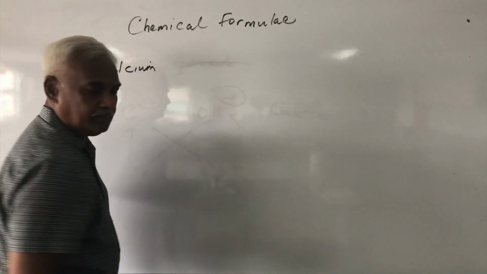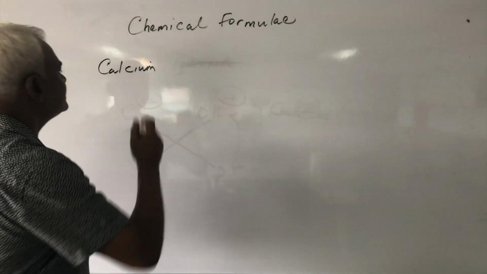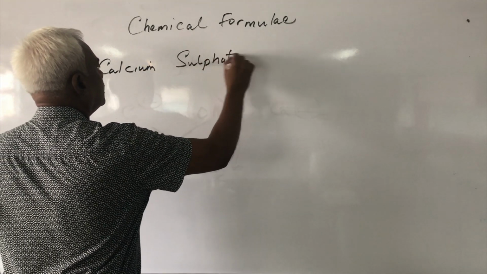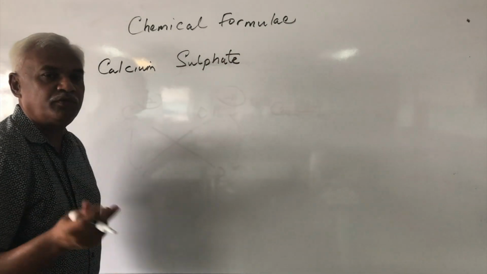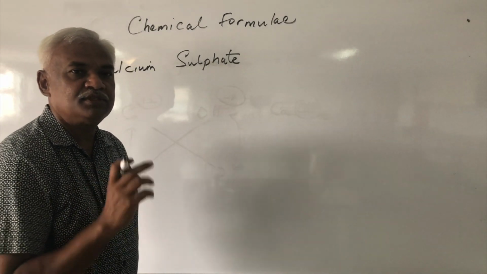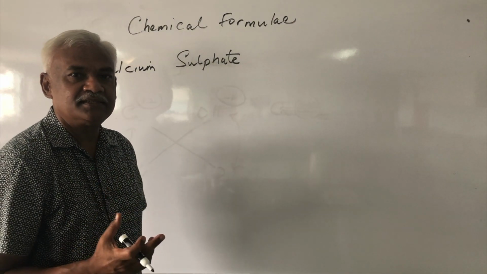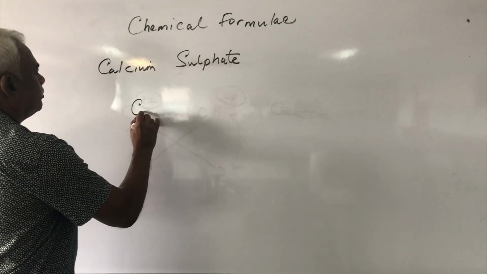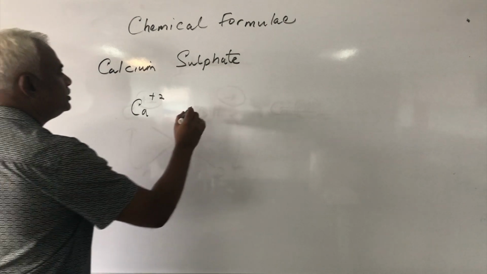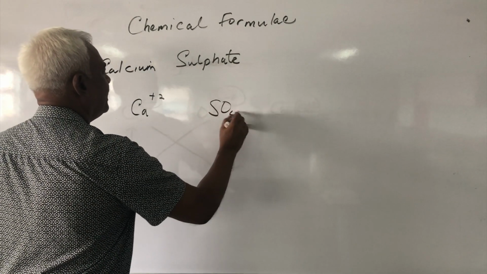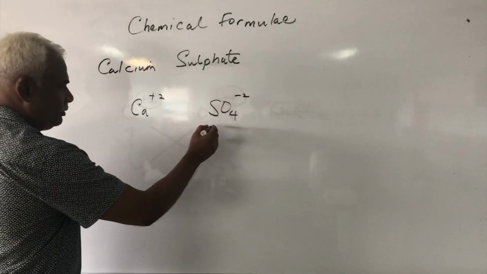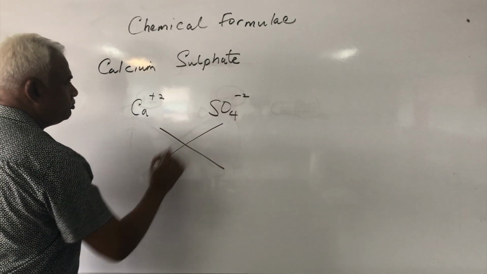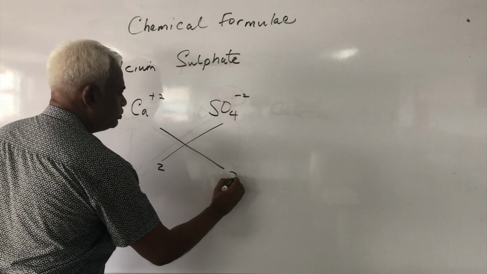Now, we can go further and look at some others. Let's look at calcium sulfate, for instance. Now, it is important over time to learn the names of the anions and the cations with their relative charges. Calcium +2, sulfate -2. Again, the rule, we cross multiply. 2, 2.